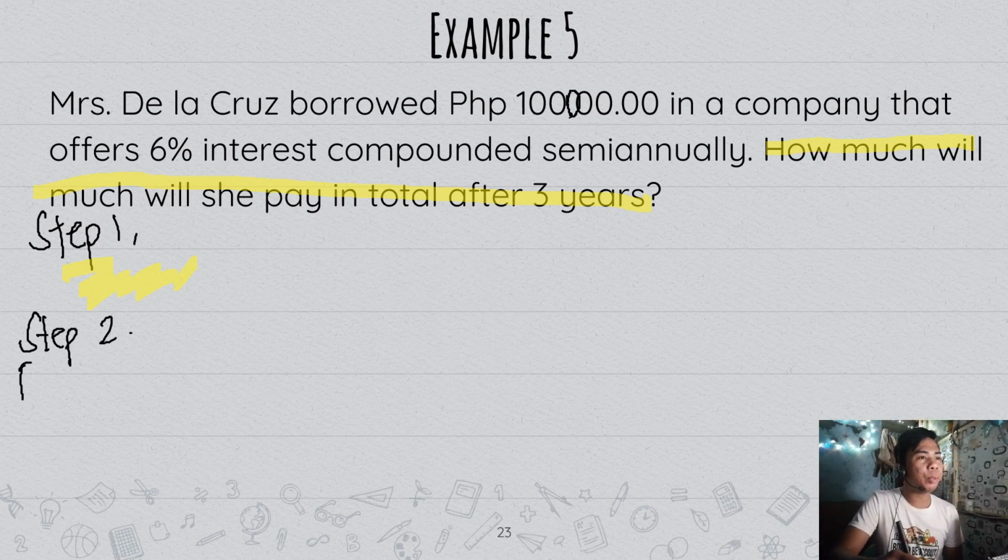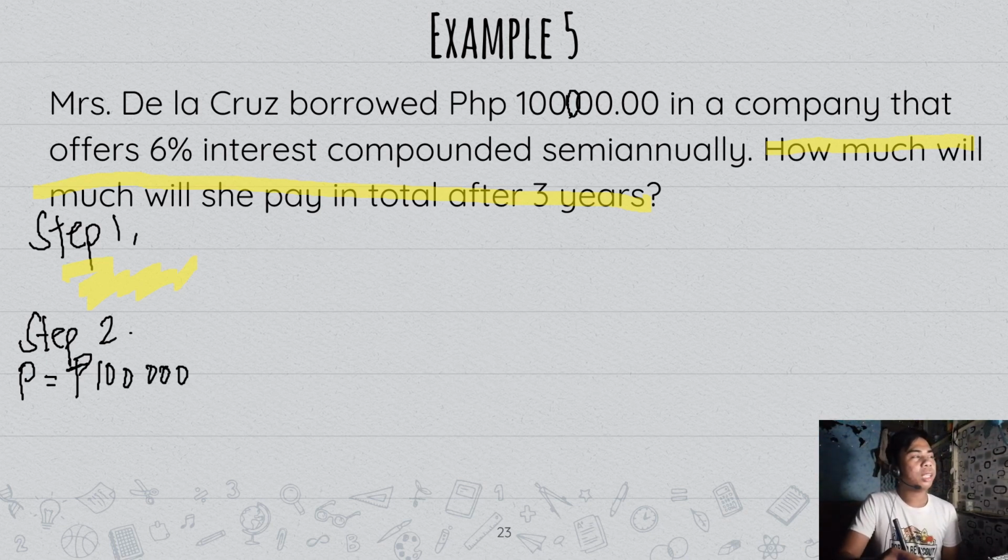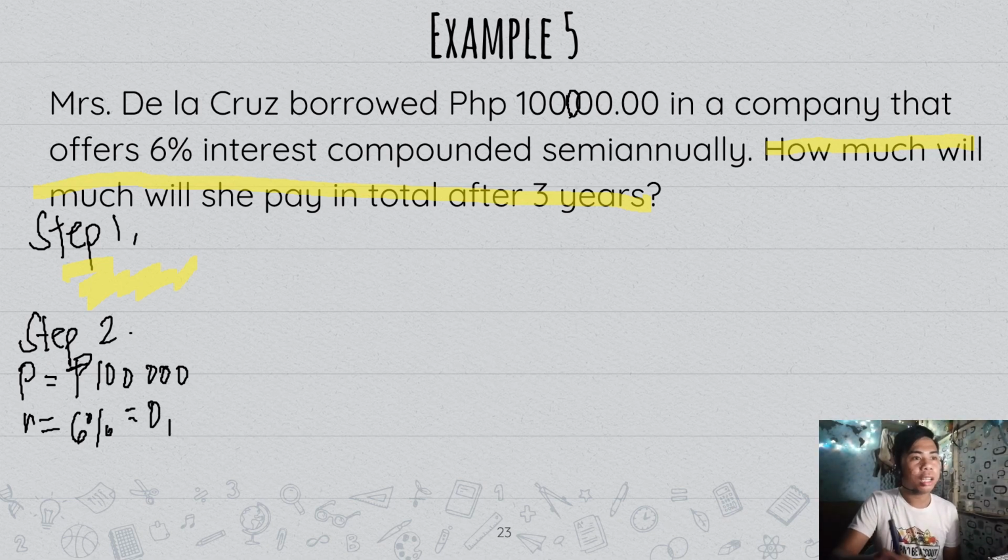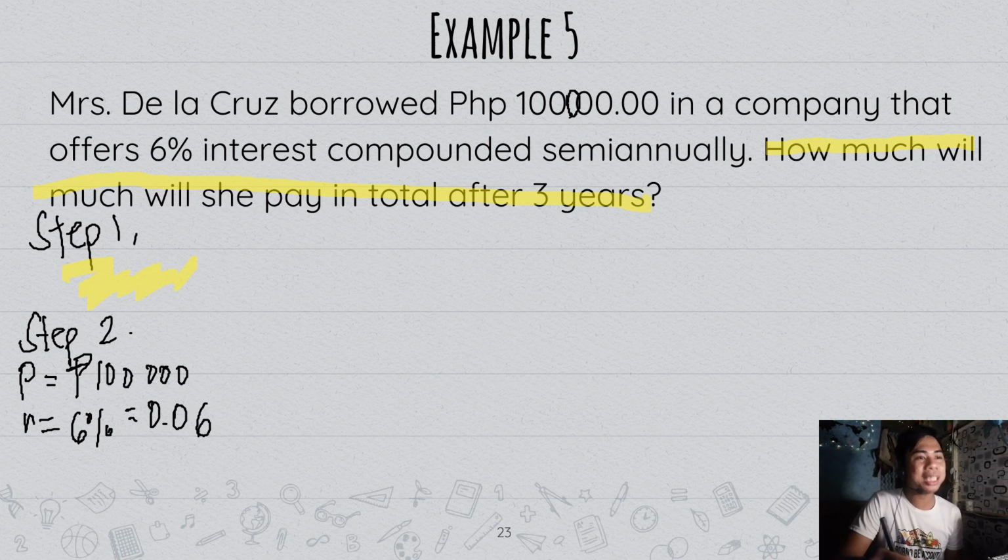So what's the P? The principal amount. That would be how much is borrowed by Mrs. De La Cruz. That would be 100,000 pesos. What else? What is the rate? Rate is how much interest is given. So 6%, or in mathematics that would be 0.06.